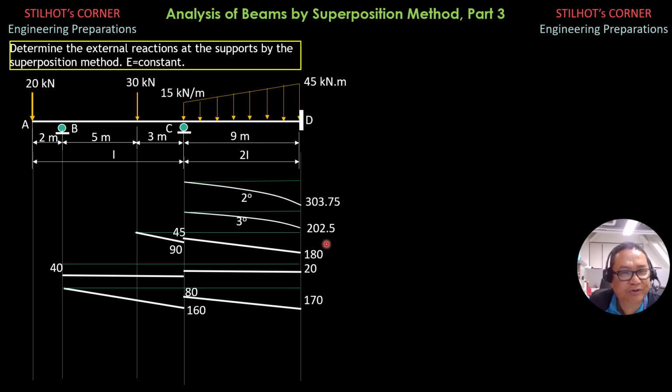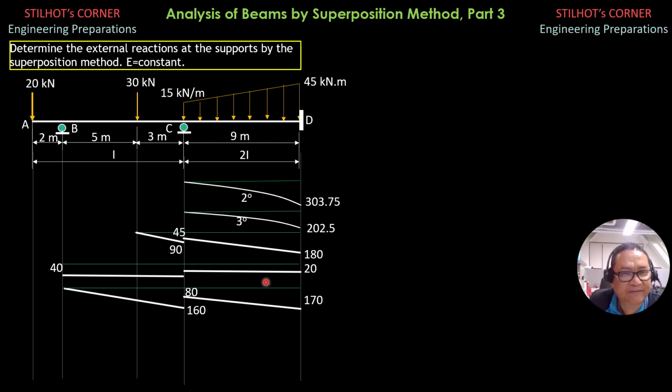135 kilonewton meter. Then for the 20 kilonewton load, 20 times 2 at B is 40, but we ignore this because it has no effect on deflections at B and C. So 40 up to C, and as it enters CD, we divide it by 2, so 20 couple.